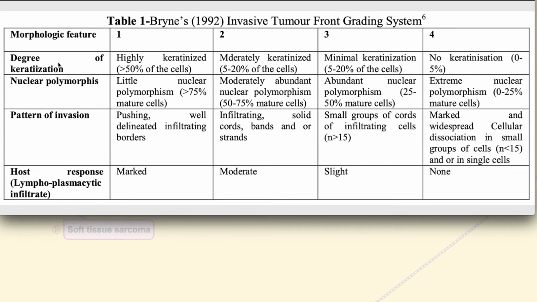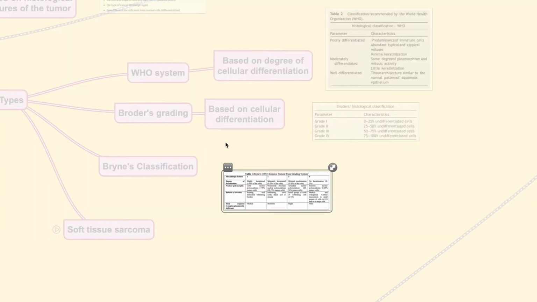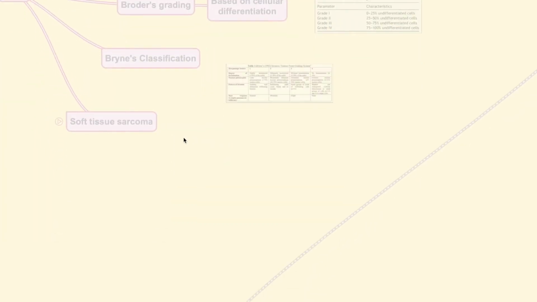Each feature has its own value, its own number, as you can see here, and you need to match each of these characteristics to these numbers and sum them up to be able to classify the tumor.